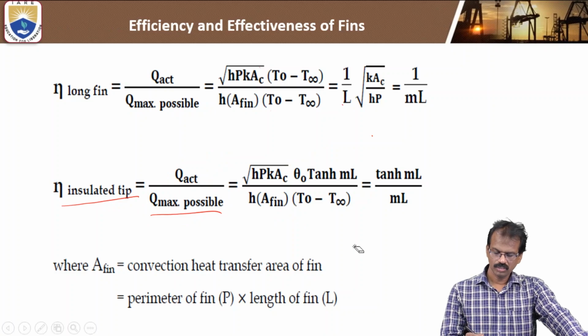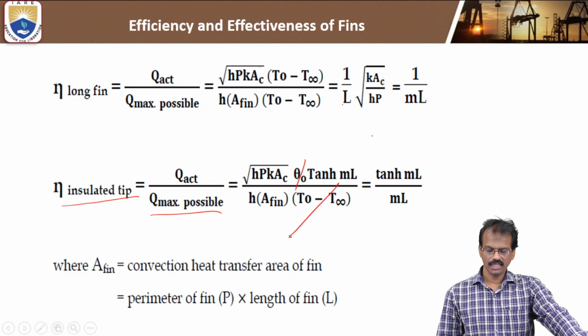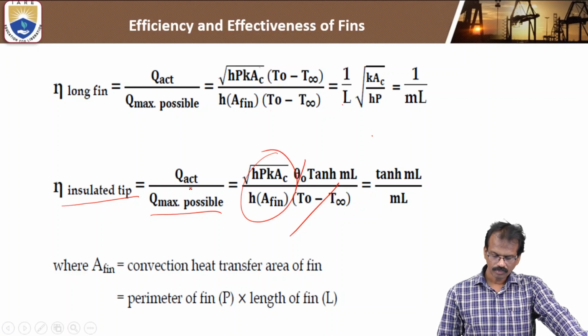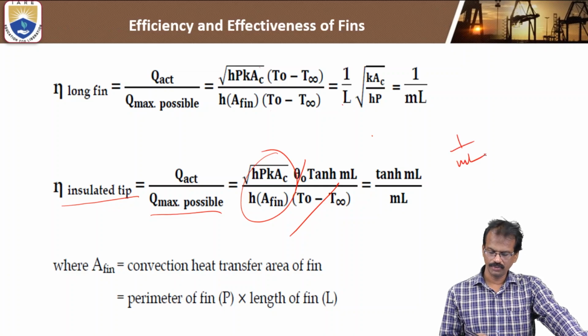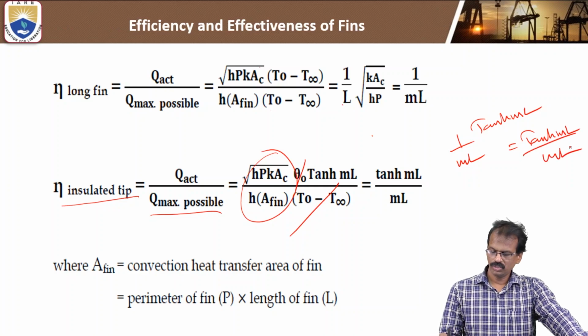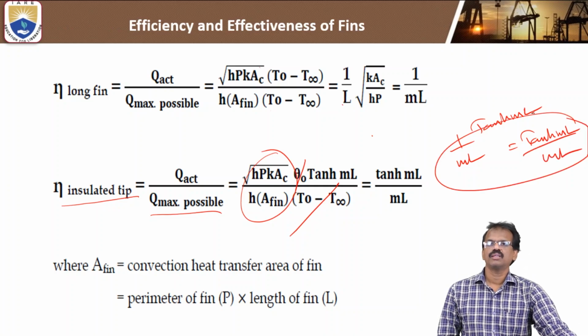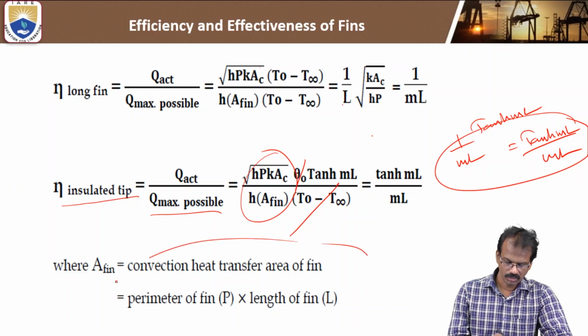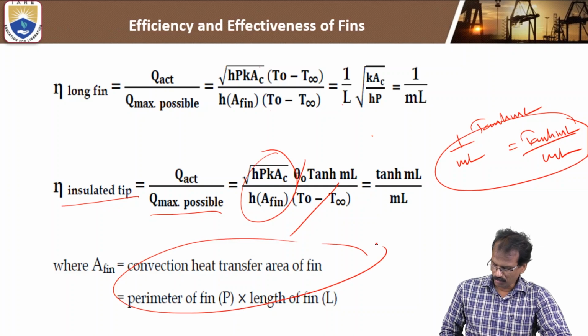So this theta naught and T naught will cancel, and the final formula is equal to tan H ML by ML. So this is the formula for the efficiency of the insulated end fin. We have to remember this one.